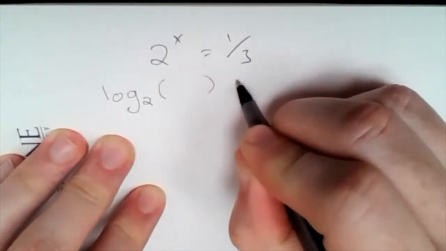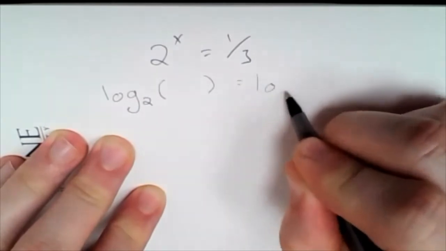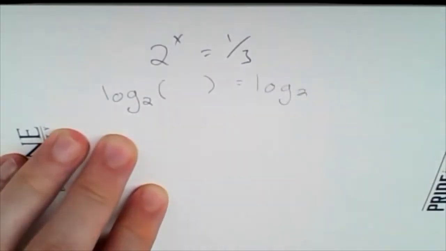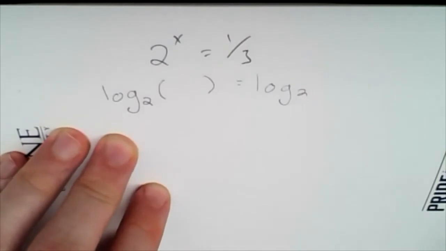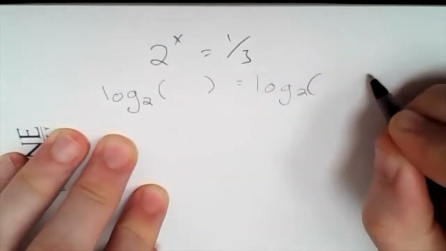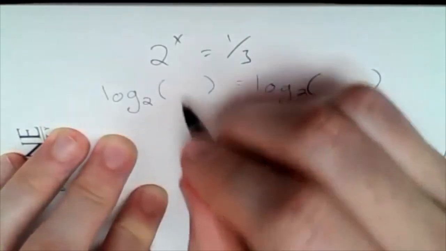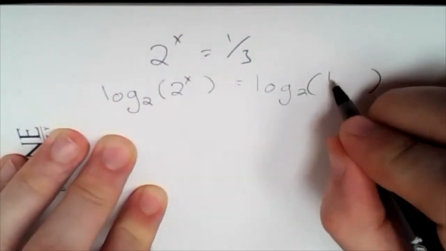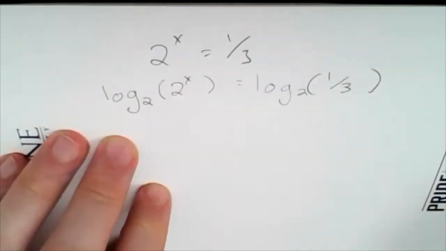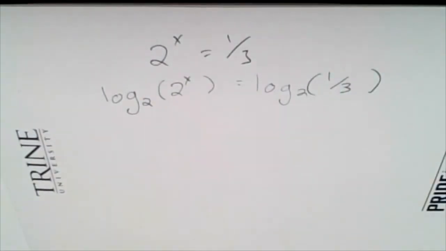And I actually have to use the log function on both sides, just the same as I have to subtract on both sides or I have to multiply on both sides. So I can say that the logarithm of 2 to the power x is equal to the logarithm of 1/3. That's my logarithm step.